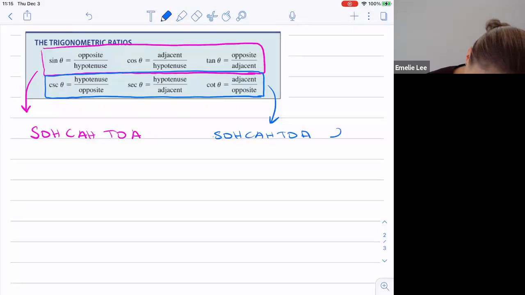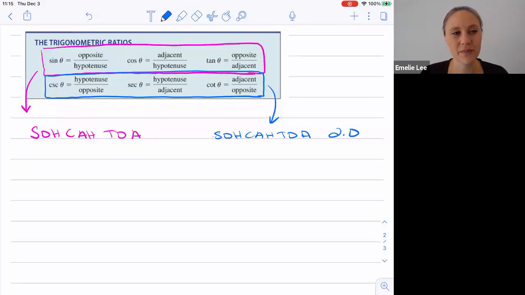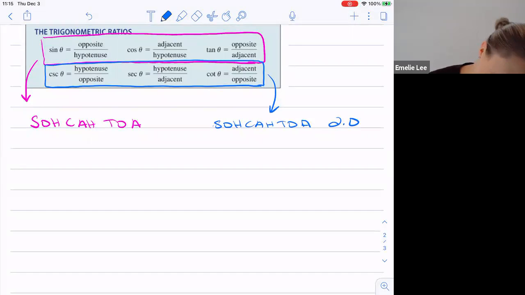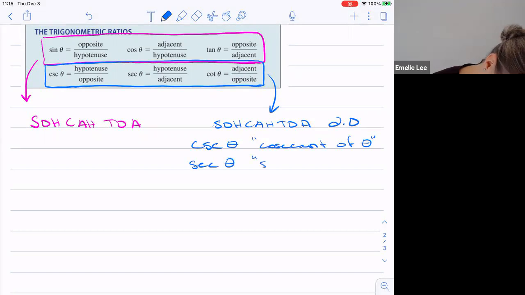SOHCAHTOA 2.0, right? Just a little bit more information. CSC of theta is the cosecant of theta. SEC of theta is the secant of theta.